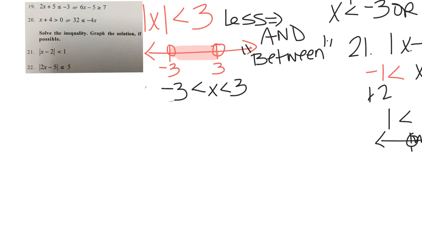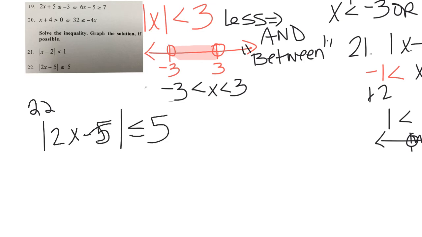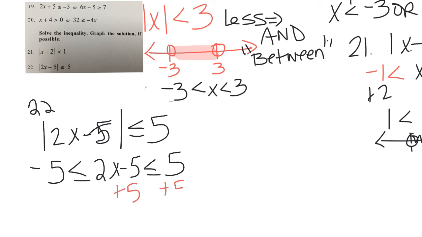And then number 22, the absolute value of 2x minus 5 is less than or equal to 5. So that's less than is an and. It's going to be between negative 5 and 5. And it's the 2x minus 5 that's in between there. So we're going to add 5 to both sides.